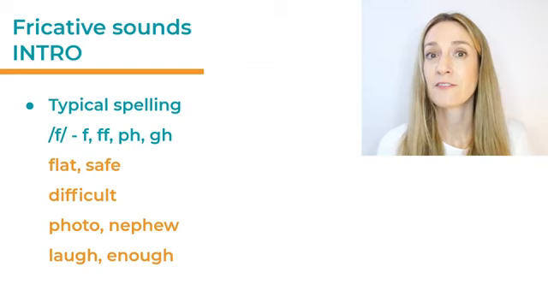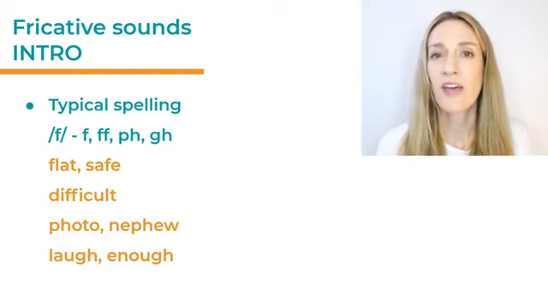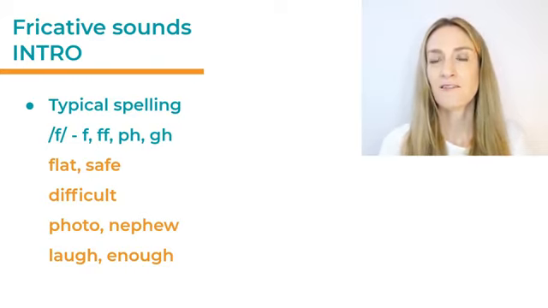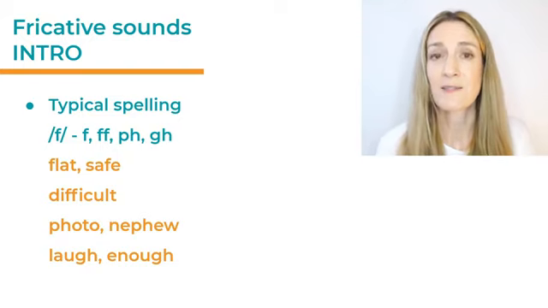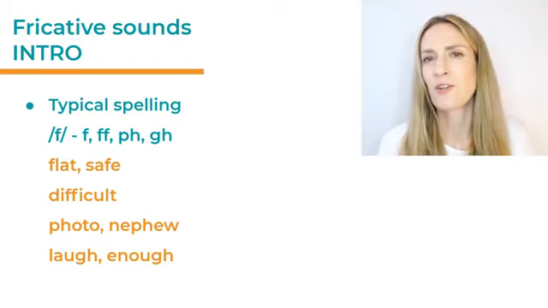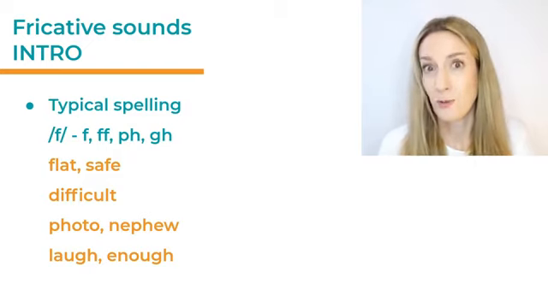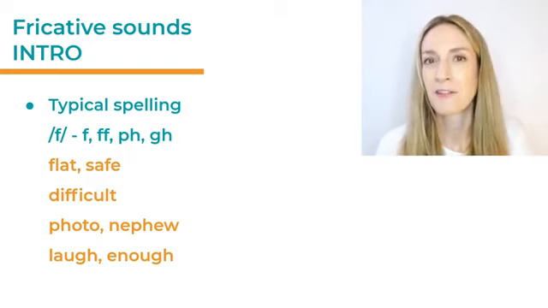We have flat, safe, difficult, photo, nephew, laugh, and enough. And laugh and enough are probably the strangest in terms of spelling, because a GH you would not necessarily think forms an f sound, but they do. So laugh and enough, both of those have an f for GH.